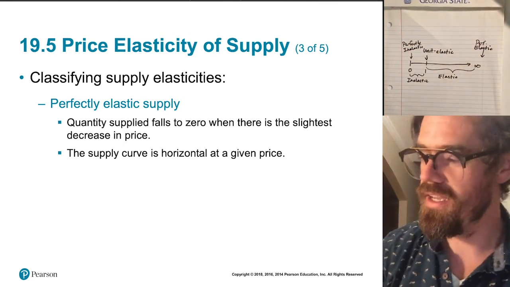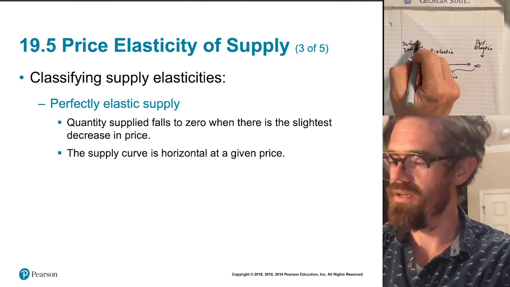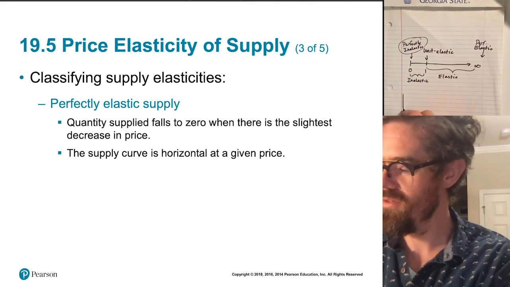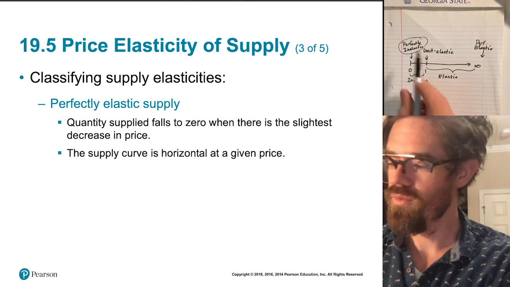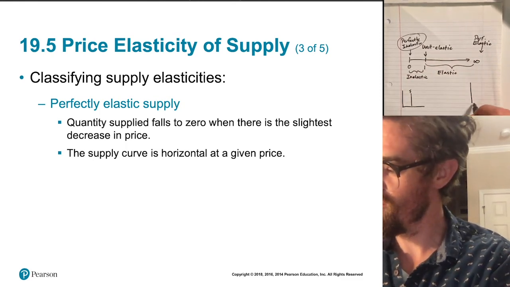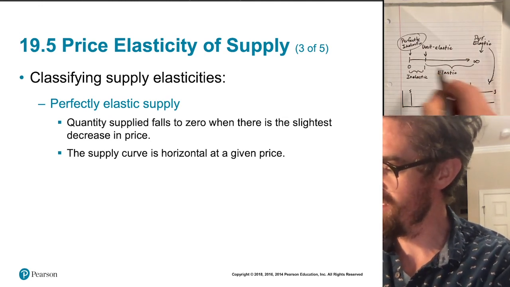And just like with demand, our extreme ends are vertical, right? So a vertical supply curve when it's perfectly inelastic, and a horizontal supply curve when it's perfectly elastic.